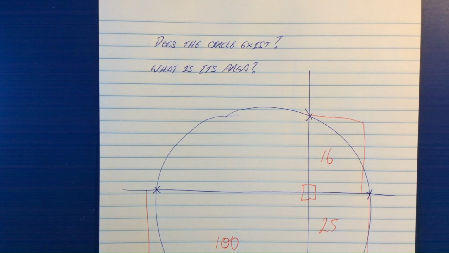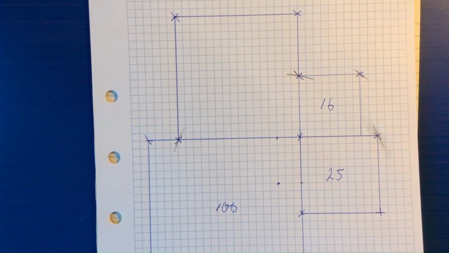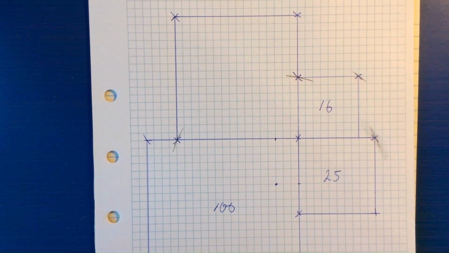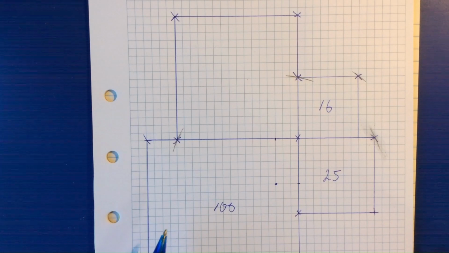So, as I say, there are a few ways of doing this. I chose to use construction. So what I have here is some metric quad paper, and I'll just show you what we've got here.